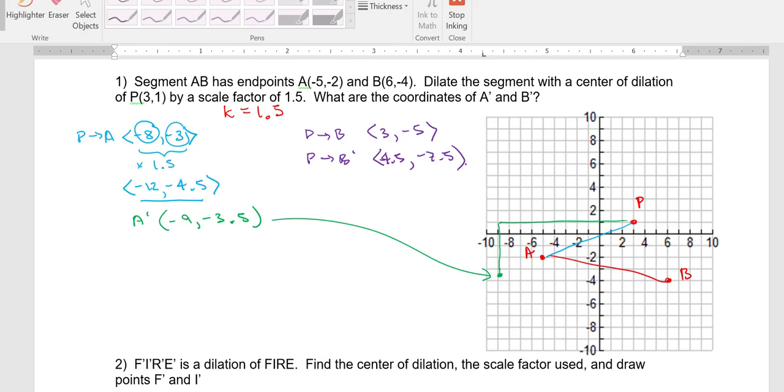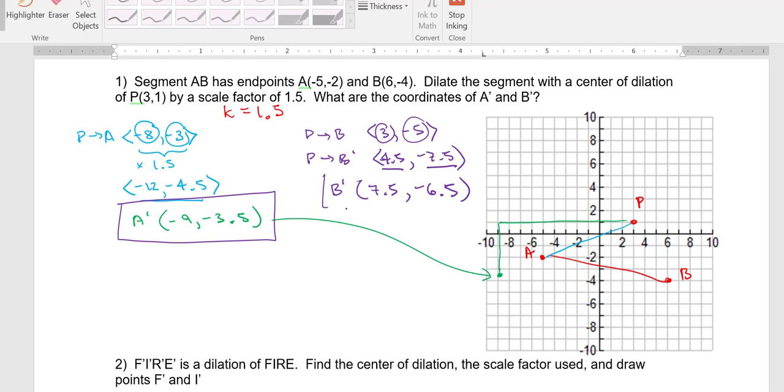Again, I'm just multiplying the original x and y values by 1.5. So B prime is going to end up being, if I go 4.5 in the x direction and -7.5 in the y direction, 7.5, -6.5. And those will be my new coordinates for A prime and B prime.